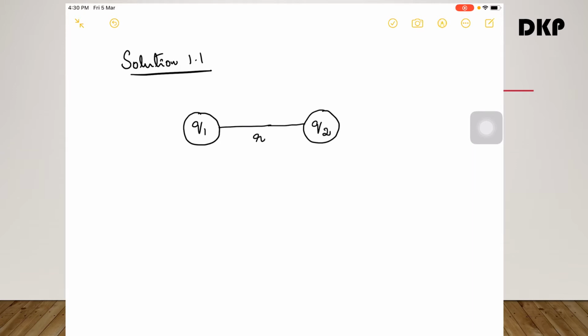So in the question they have given the charge of the first sphere is 2 into 10 to the power of minus 7 coulomb and the charge of the second sphere is 3 into 10 to the power of minus 7 coulomb, and the distance between these charged spheres is 30 centimeter.